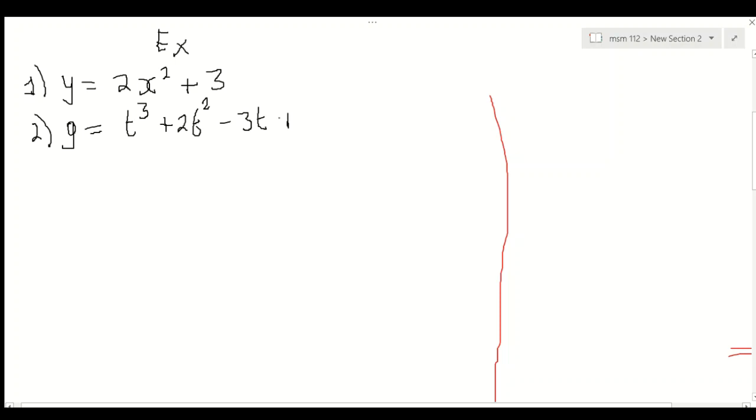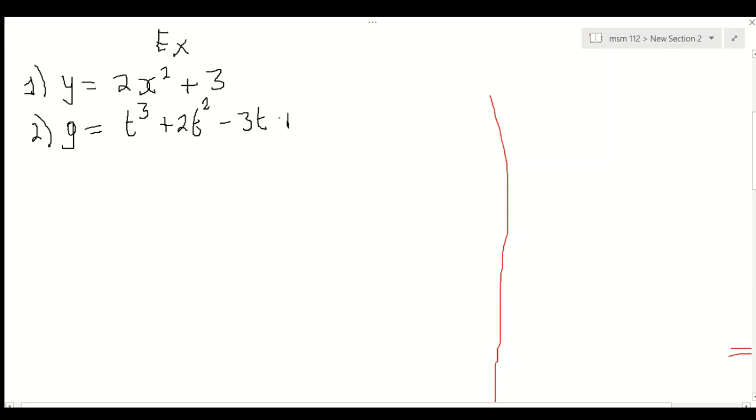So differentiating this will be dg over dt, meaning you're differentiating the function g with respect to t.